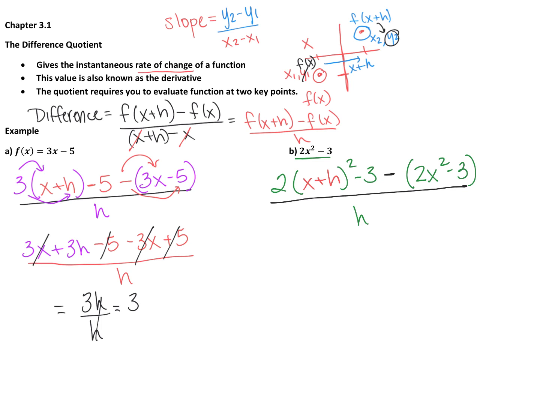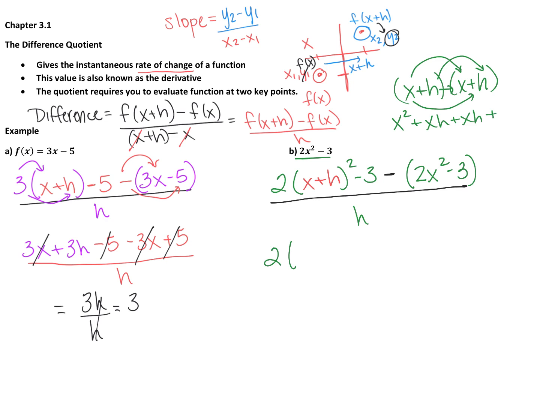So now we have to do some math here and clean things up. I have a 2 times x plus h squared, which is really just x plus h times x plus h. That's what x plus h squared means. When I distribute everything out, I get x squared plus xh plus xh again plus h squared.